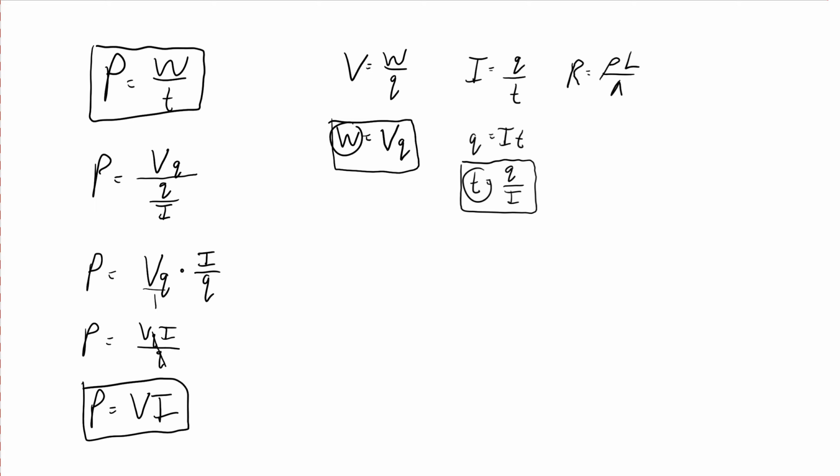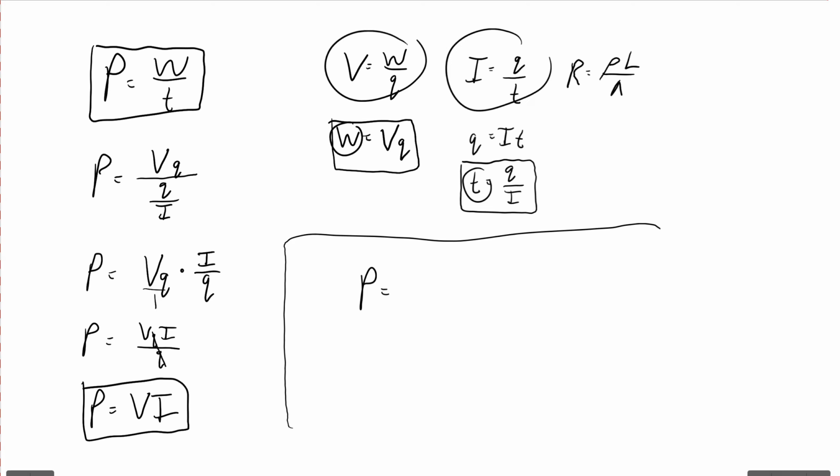By the way, the kind of more clean derivation you could do, you could say, oh, well, power is equal to work divided by time. How can we get those two quantities? And you could just kind of look at the voltage and the current equation and kind of think, well, maybe if I did the voltage times the current, that would give me what I want, because we have work over time.